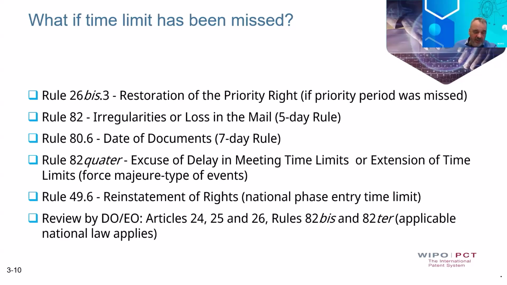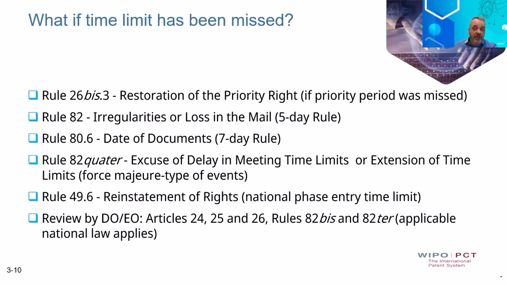So arguably not a PCT time limit, but a time limit under the Paris Convention is the 12-month priority period to file the PCT. If you miss that time limit, there is, of course, the possibility to request restoration of the priority right. This is a request that requires an explanation as to why you missed the priority period, and it's not a given that it will always be accepted by the receiving office.